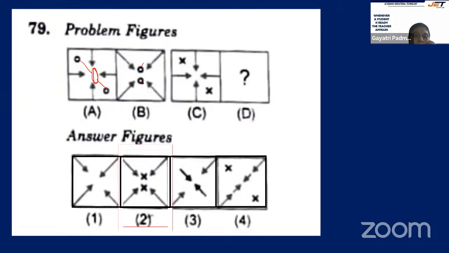See, one up, one down. Like that, you have two stars. So in the next one, these stars must come like this, isn't it? Like this, it must come. So it should face opposite, right? So here, only this is showing the opposite facing. Therefore, option 2 is the correct one.